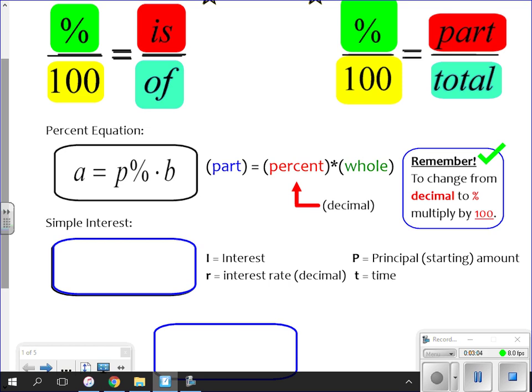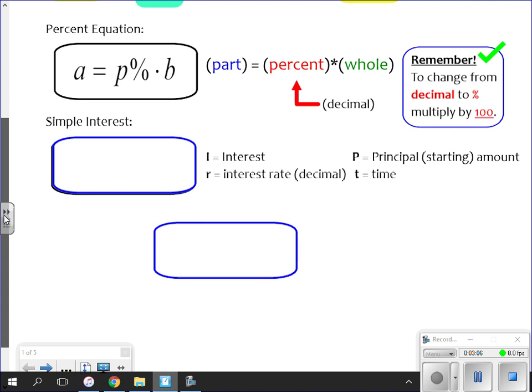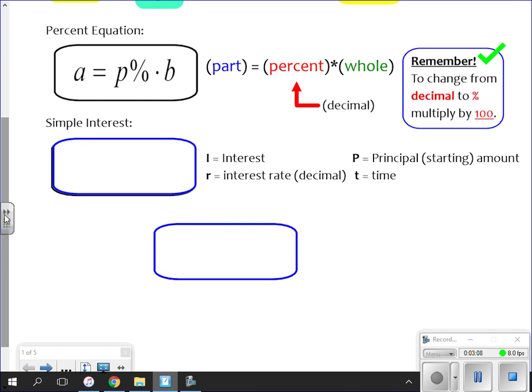And then we have our last little formula we have to talk about. This is simple interest. I know all of you or most of you should be interested in money. The interest equals our principal times the rate times time. The principal is the amount of money we start with.